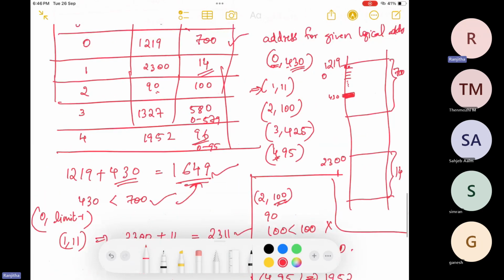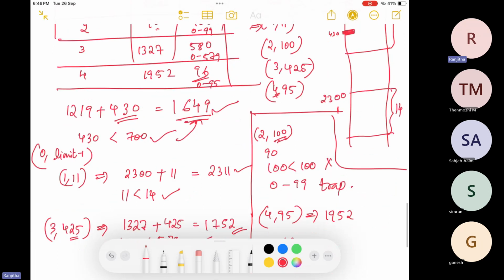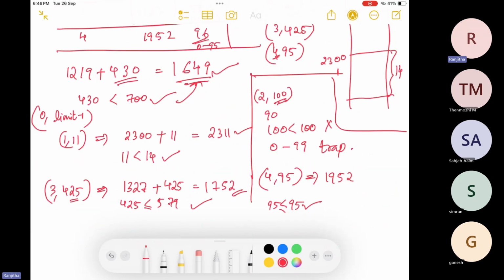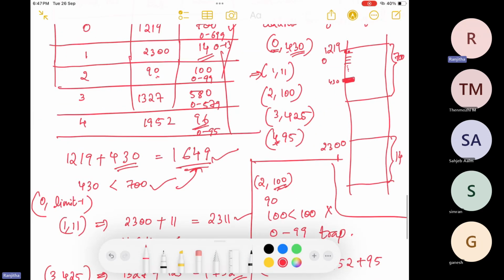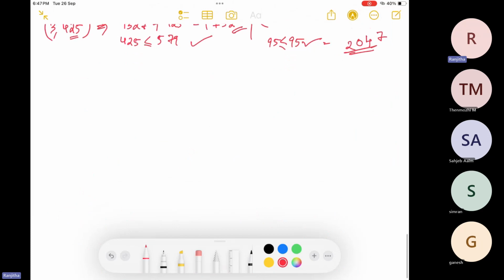Here, 0 to 99 is what we can access. 0 to 13, and in a similar way 0 to 699. So this is valid, and we add it. 2047 will be the physical address. So this is how the base and limit register takes care of the protection mechanism.